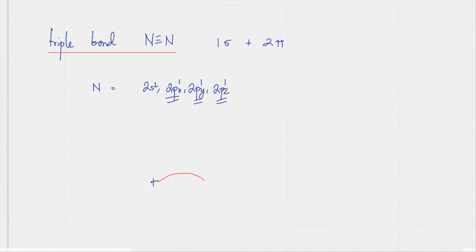There's a px, let's say this over here is a px orbital. There's going to be a py, let's say there's an electron on the y-axis. And there's going to be a pz, which would be lying on the z-axis. So imagine an orbital on the z-axis.